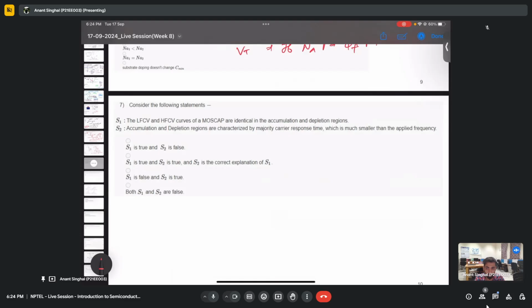The low frequency and high frequency curves are identical in accumulation because the majority carriers are involved. They are characterized by majority carrier response time, which is much smaller than the applied frequency, so they can quickly respond even at a very high frequency. So both are true and it has a correct explanation.